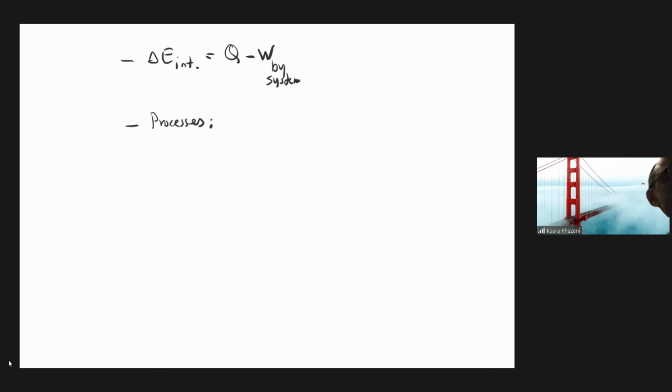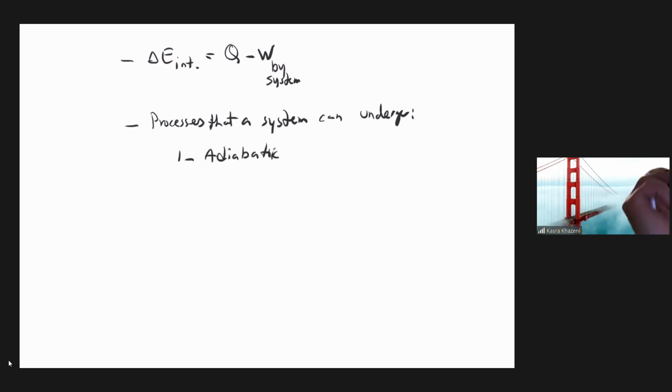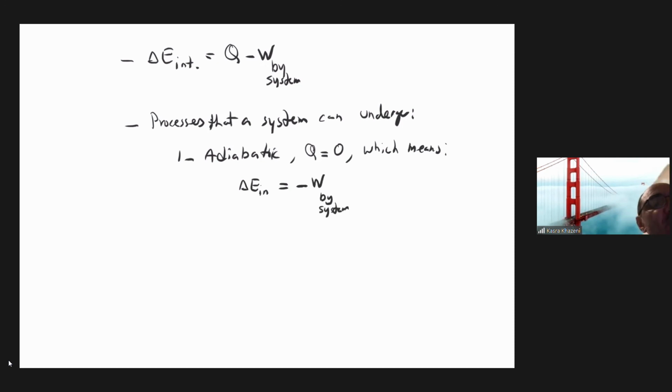There are a few processes that a system can undergo. One, adiabatic. That's an adiabatic process. What does that mean? It means the amount of heat added or subtracted from the system is zero, which means that the internal energy of the system only depends on the work done by the system, because Q is zero.